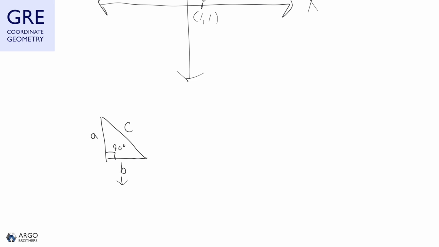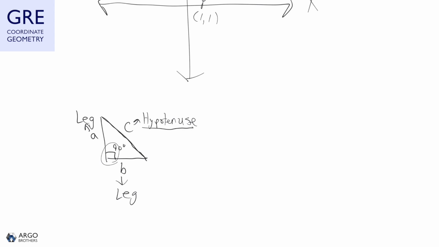B is a length called the leg, and this is also a leg, but C, which is the longest length, is called the hypotenuse. The hypotenuse is opposite the 90-degree angle.